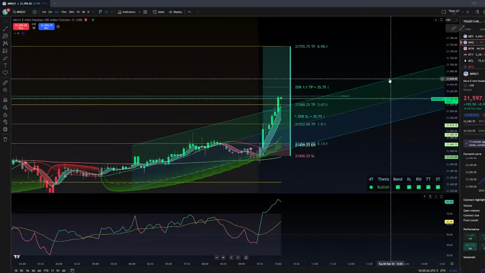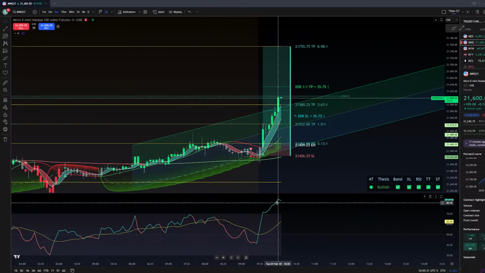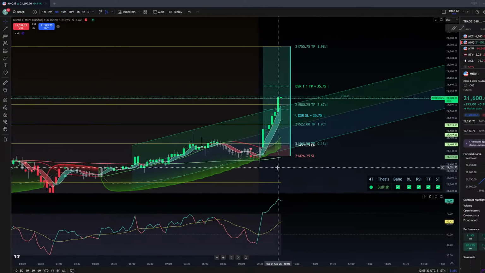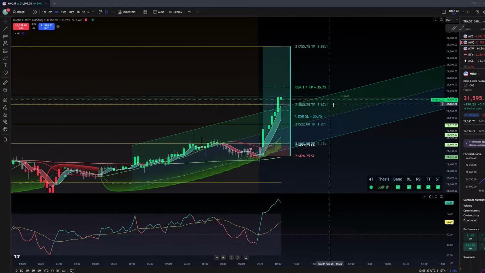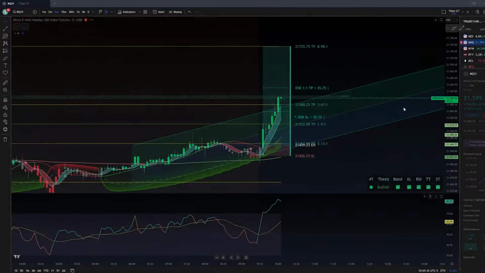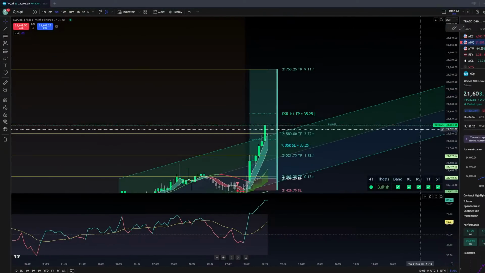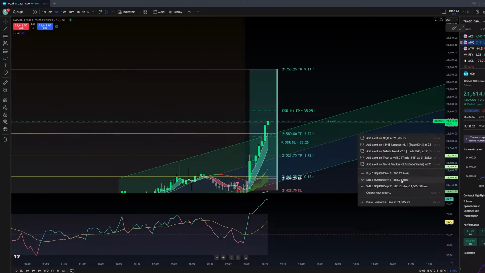All right, so why did I exit? Well, we just broke the level and we're super elevated on our side. So I do have the expectation that she's going to come on down. This is where I'll probably go to NQ. I'm going to set a buy order right here.